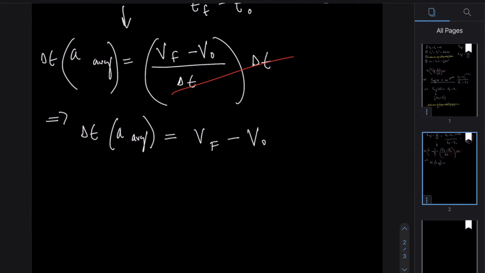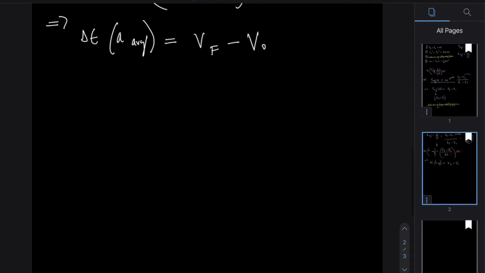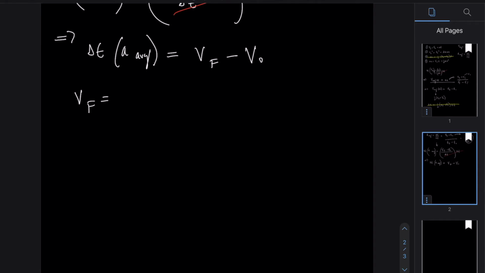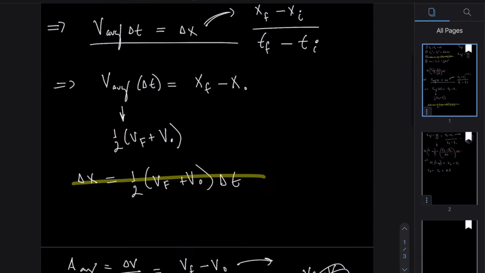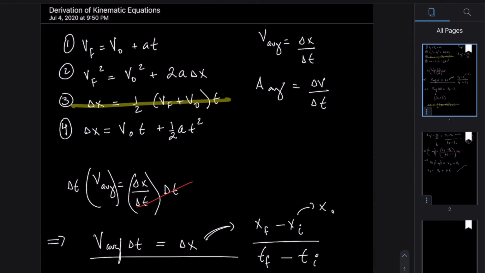This should start to look familiar. If we just add initial velocity to both sides, we are going to get that v final is equal to v initial plus at. And that's our final equation. As you can see, it is this one right here. All right, 2 down. The next one I want to do is this one.